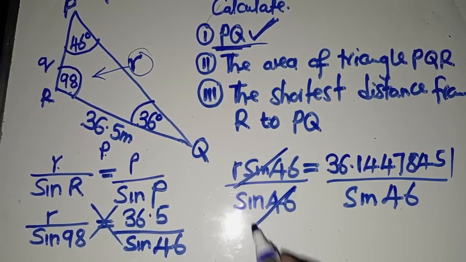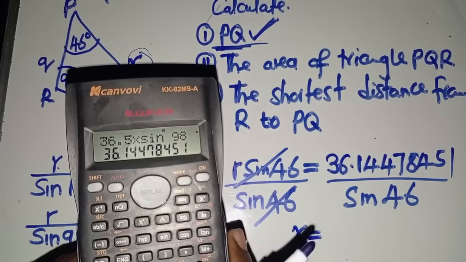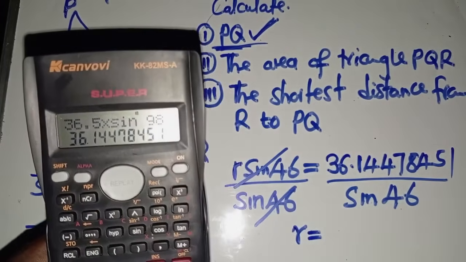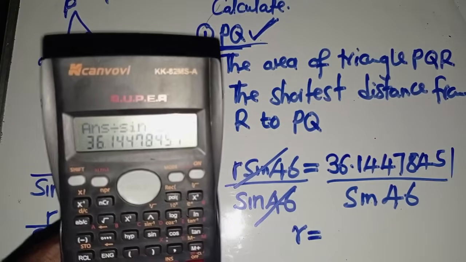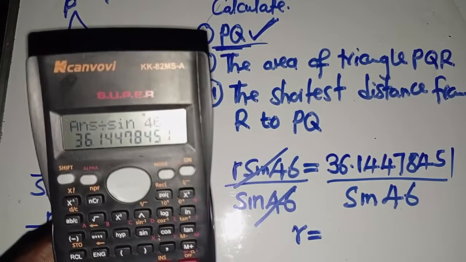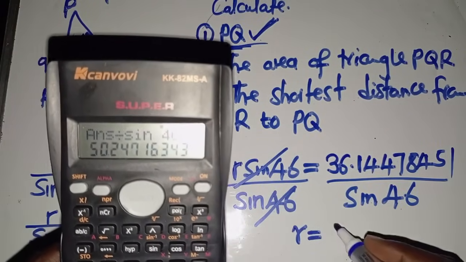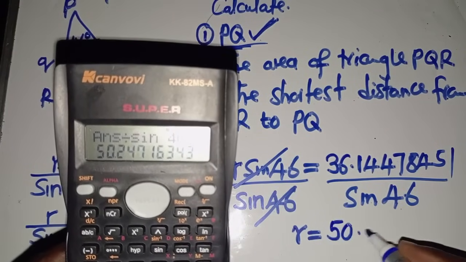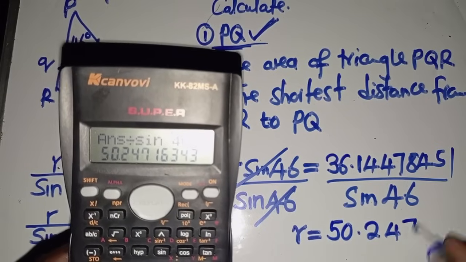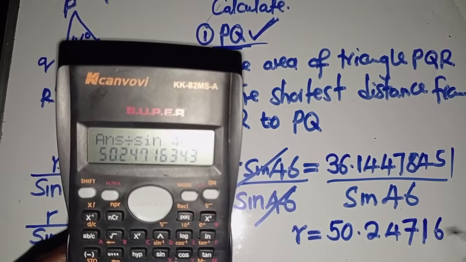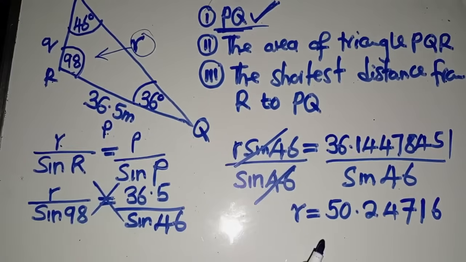This and this will be cancelled. I'll remain with R, which is equal to, this answer is already displaying on my calculator. So I just divide by sine 46. What is the answer? I'm getting 50.241716.